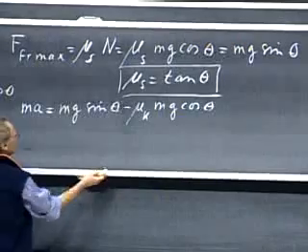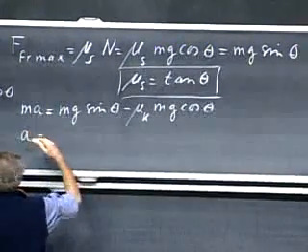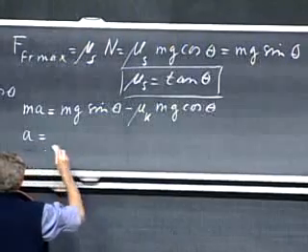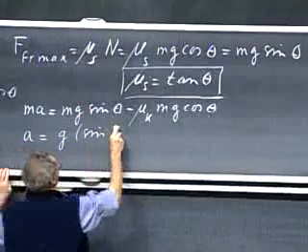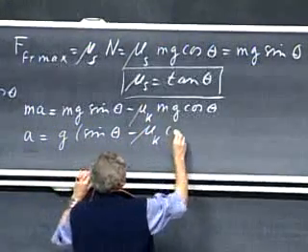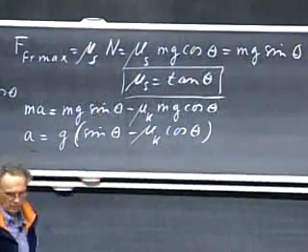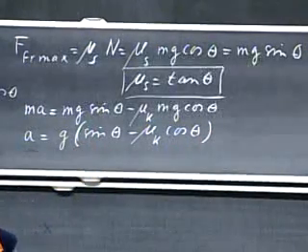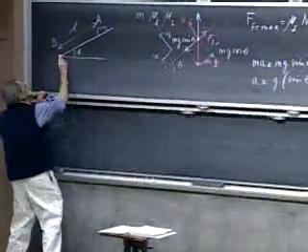I lose my m, and so the acceleration in the positive x direction, the way I defined positive x, equals g times the sine of theta minus mu k times the cosine of theta. That's the acceleration. And now a natural question would be, what is the speed at which it reaches point B?